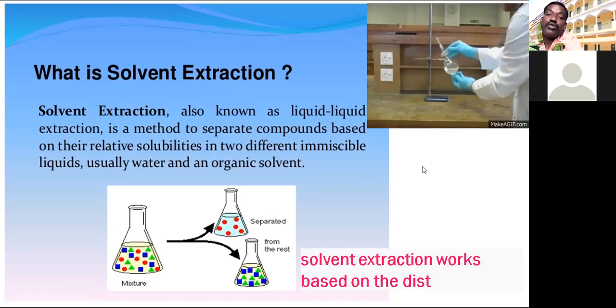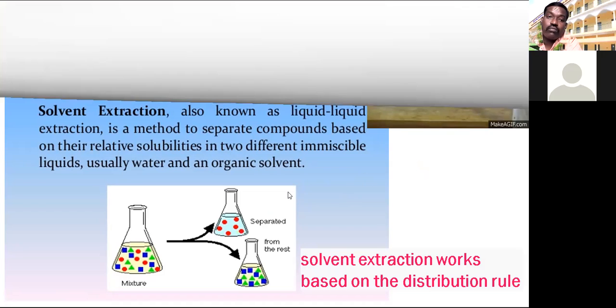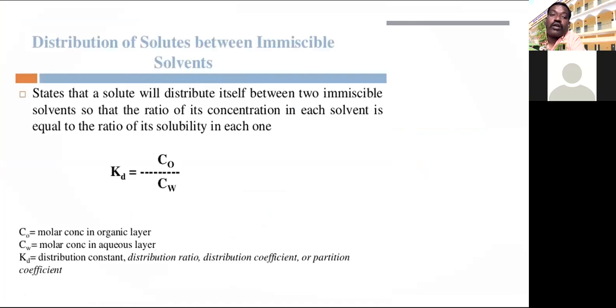Solvent extraction works based on the distribution law. The distribution law states that a solute will distribute itself between two immiscible solvents, so that the ratio of the concentrations in each solvent is equal to the ratio of the solute's solubility in each one.